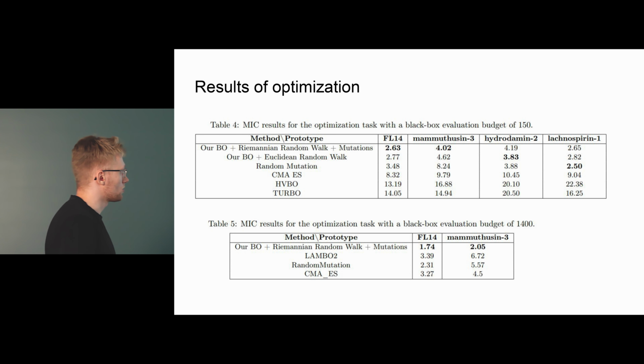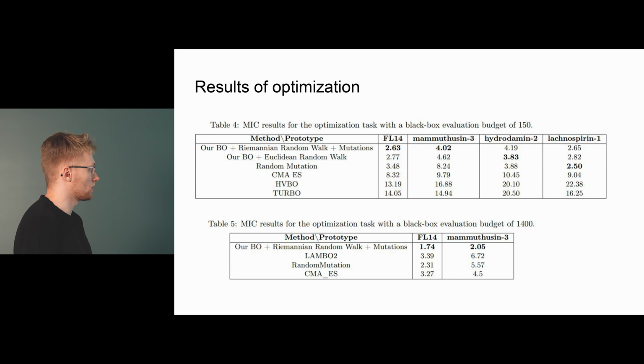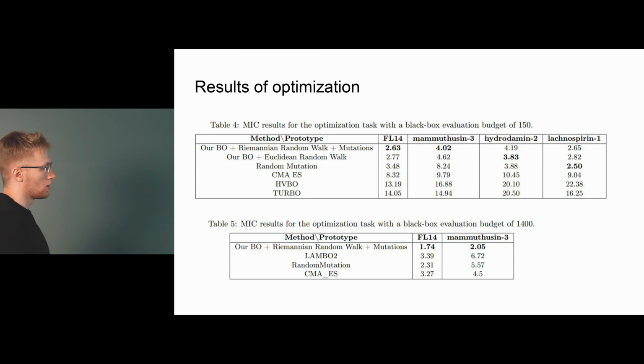We can see that when the black box evaluation budget is relatively small, like 150, in 2 of 4 peptides we get the best results. But if our evaluation budget was much higher, 1,400, then in 2 peptides that we actually checked, we got the best antimicrobial activity.